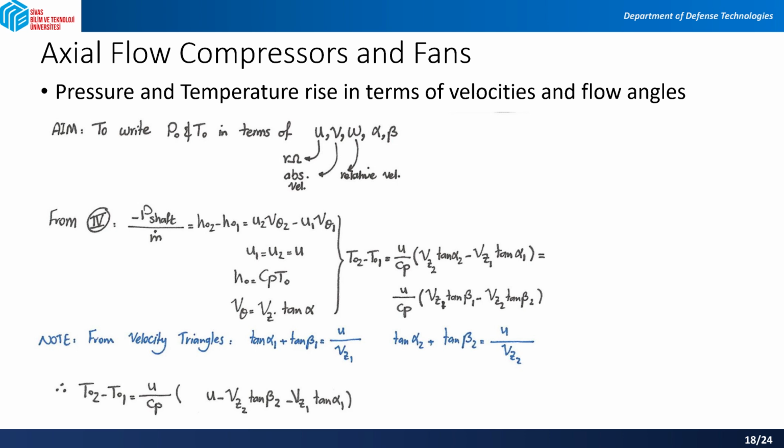This equation says that the difference between temperatures is actually expressed by the values of the velocities and angles, right? These are the velocities and angles, only velocities. From the velocity triangles, you can also check that tangent alpha 1 and tangent beta 1, when combined, give you u over Vz1, and this also applies for beta 2 and alpha 2.